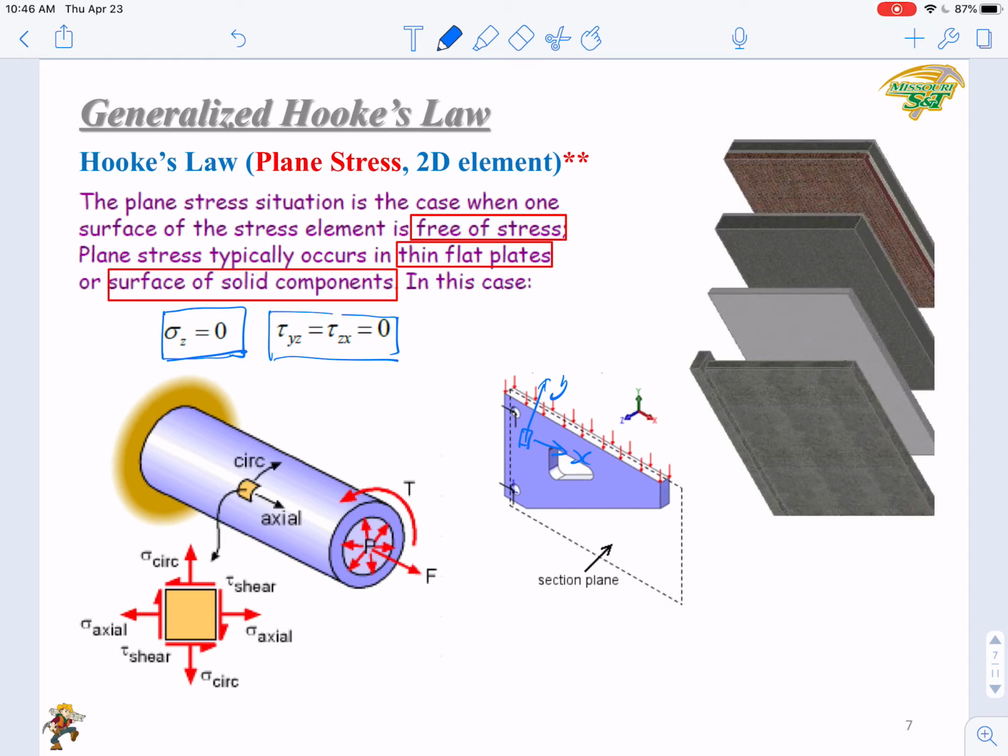Also on the surface of a structural member, say a tube or a hollow shaft, if you cut an element, you can assume the axial direction is the x direction and this direction is the y direction. When the element is small enough, you can simplify it into an xy plane stress situation.